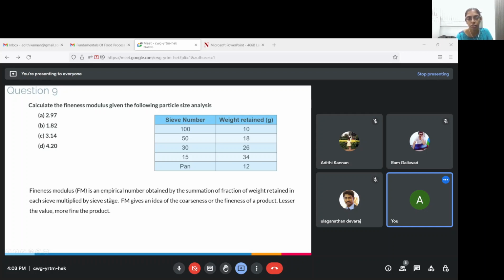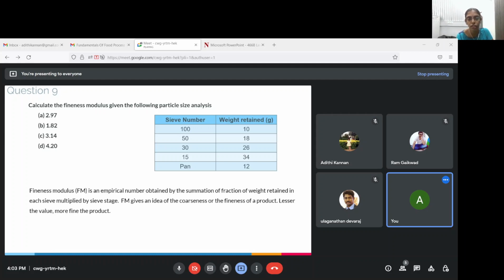It gives you an idea of how coarse or how fine the product is after the size reduction. The lesser the value, the finer the product is; the higher the value, the more coarse the product is.